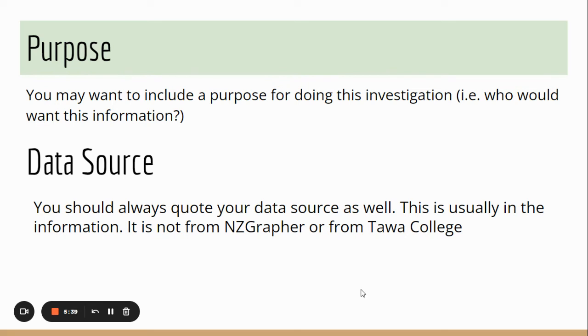And you always mention your data source too, so usually it comes from a particular place. Although we put it into NZ Grapher, it's not come from NZ Grapher. And so we would always say the data source is people who attended the formal at Tawa College in 2018. All right.